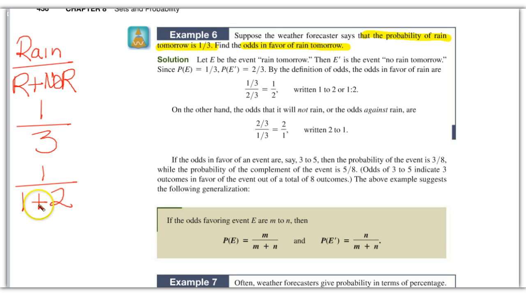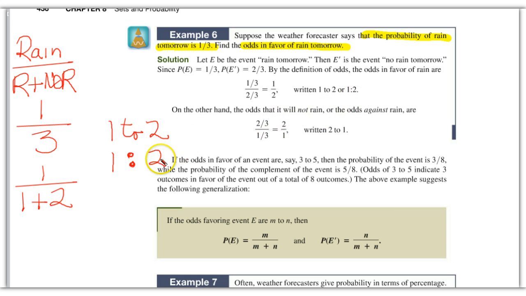So the odds, once you set it up like so, will be 1 to 2, or 1 in a ratio to 2.